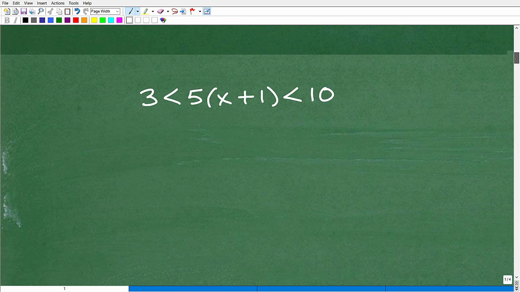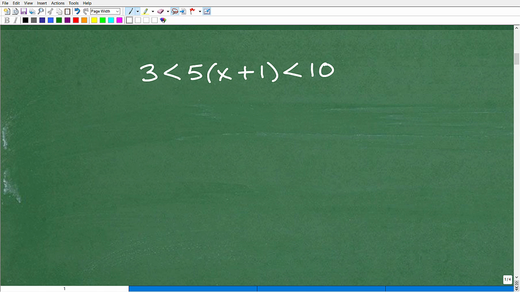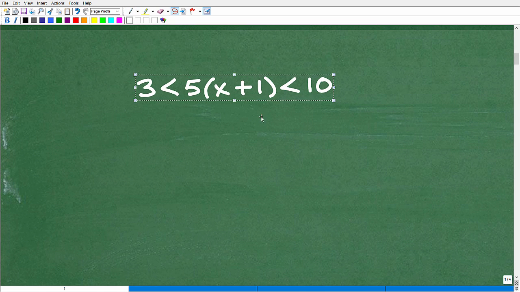The first thing we need to do here is use the distributive property. So this right here in the center, we have to use the distributive property to get to x. By the way, I'm just teaching you how to solve this particular problem, but I could speak on this more broadly, and you can follow up with other videos as well.